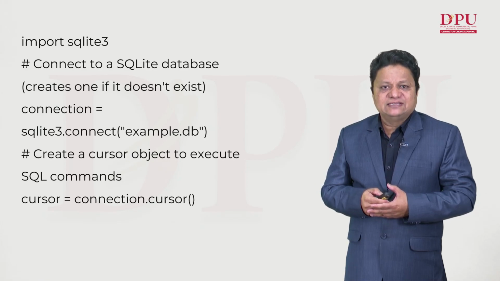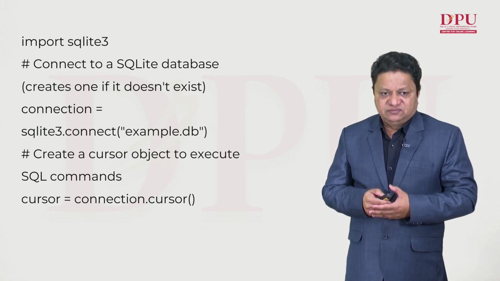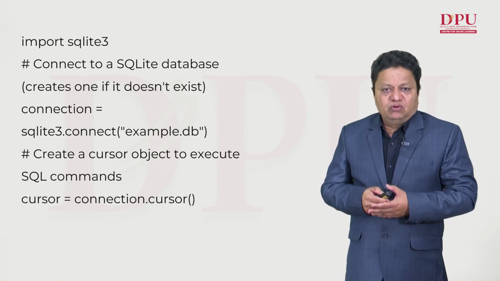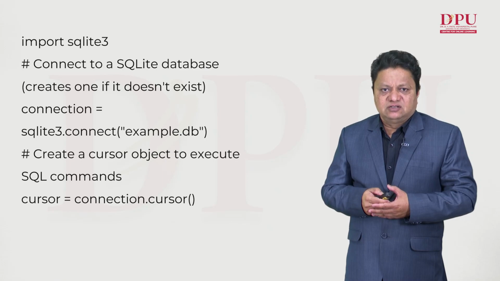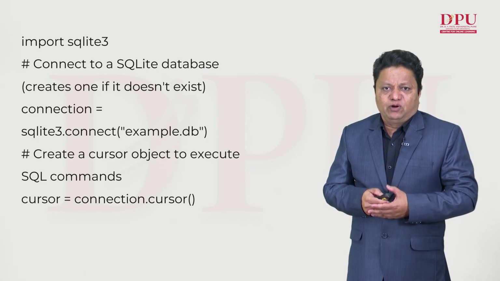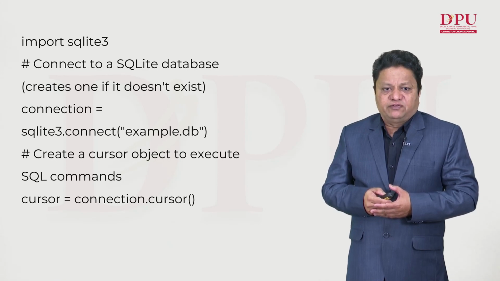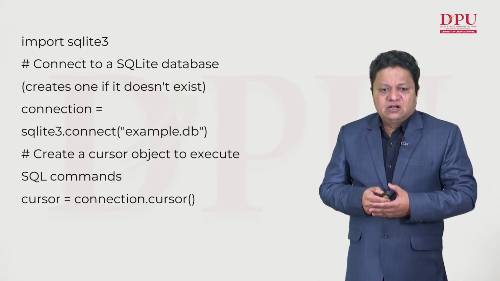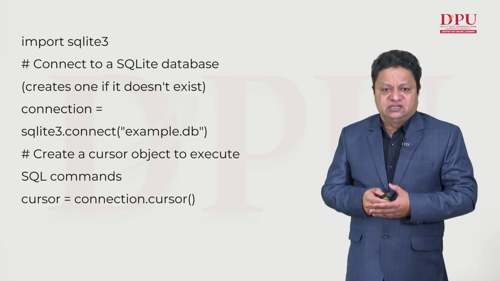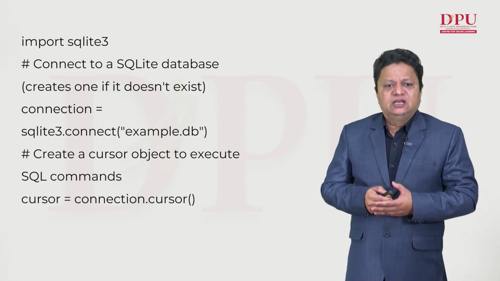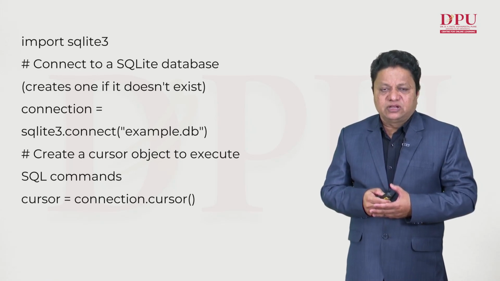Now, how to create a cursor object to execute SQL commands. If you want to execute an SQL command, we need to create the object of a cursor. So, here cursor is equal to connection.cursor method. This will create a cursor object so that you can later on execute SQL commands.